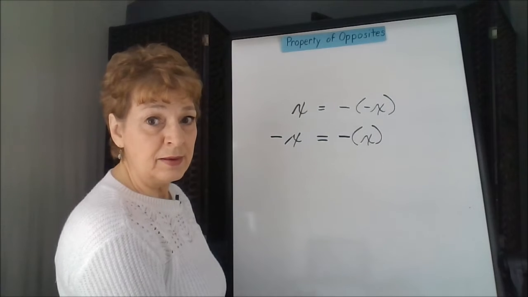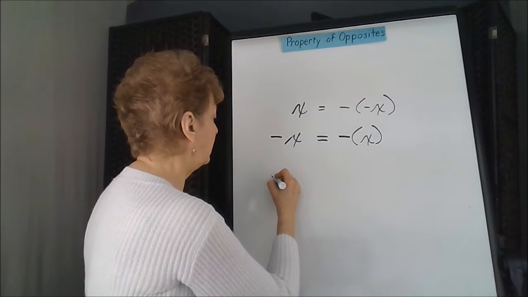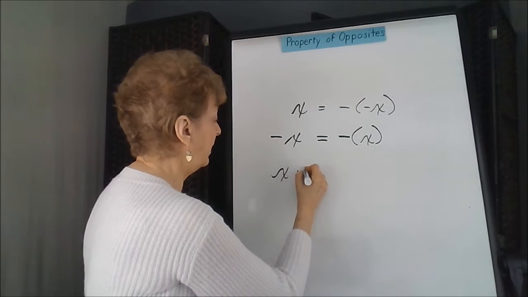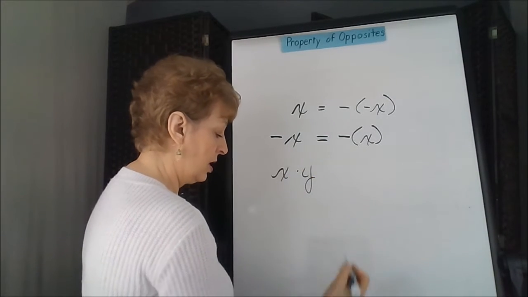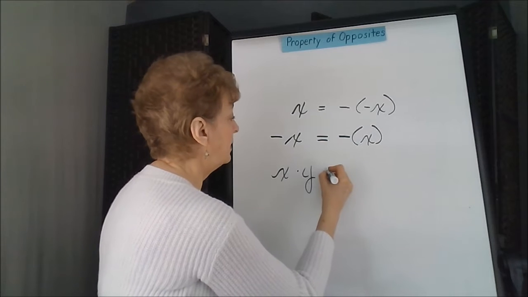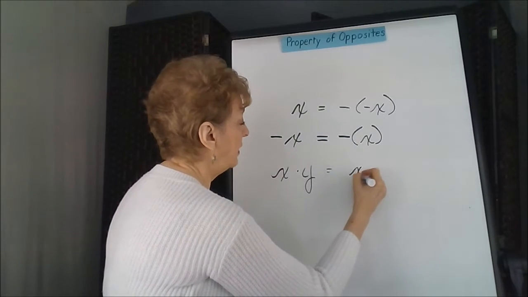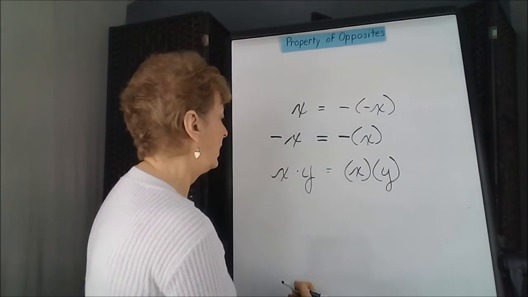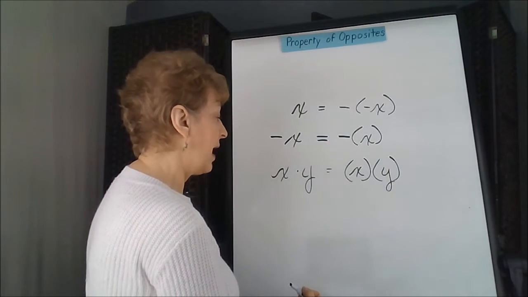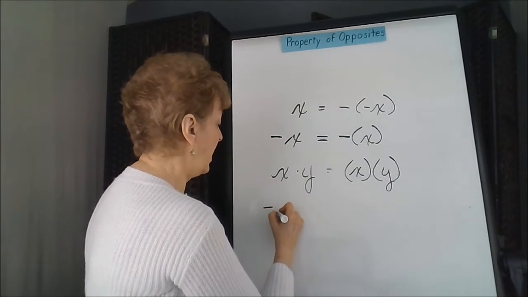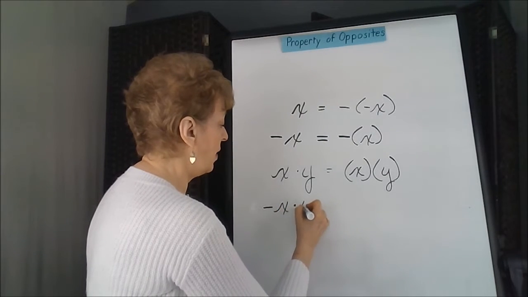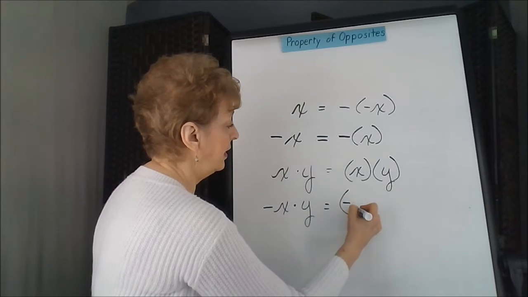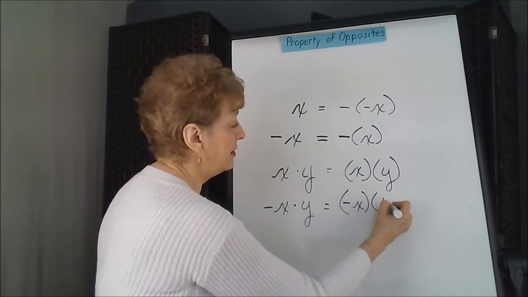Now let's say we'd be multiplying, perhaps x times a y. We could show this as x times y this way. If we used an opposite, perhaps -x times y, we could show this as -x times y this way.